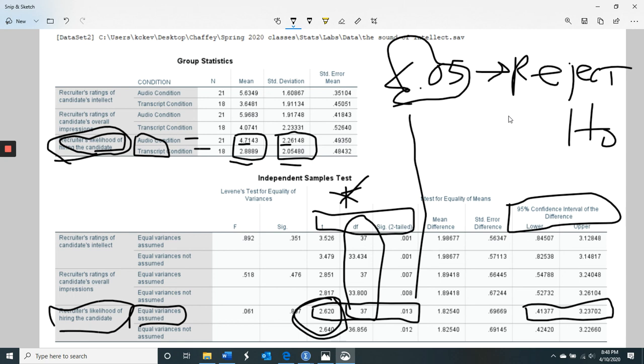So 0 is not a likely possibility when we take those two means and subtract them from each other. If they were 0, it would mean that they are equal in terms of their means. There's no difference between the groups. We don't pass 0, so it's not likely that those groups are equal. There's a difference. Well, what's the difference? Audio is greater than transcript.